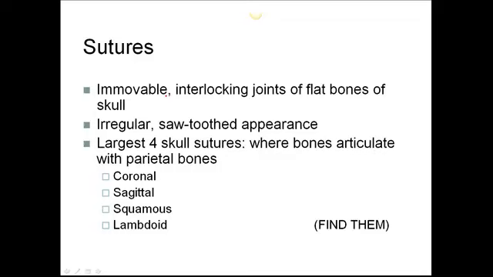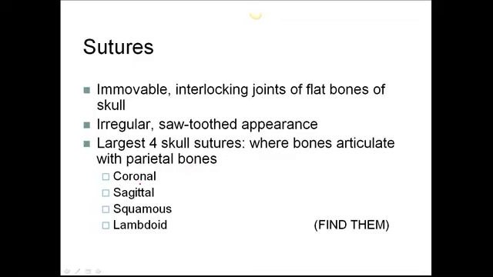And when it's fully ossified and it's its adult size, then the fibers of these joints will become very strong and for the most part immovable. Those are called sutures. They're irregular, kind of sawtooth in shape.